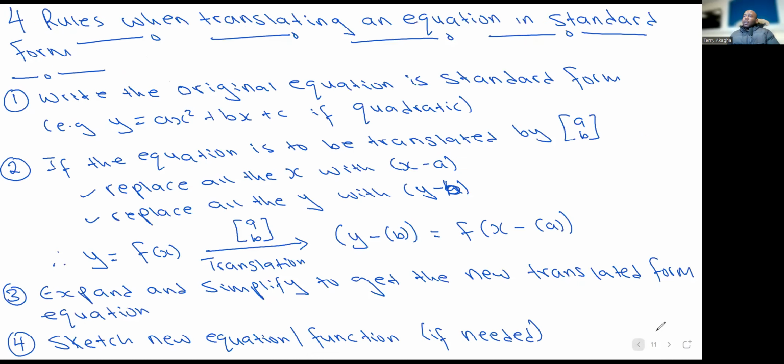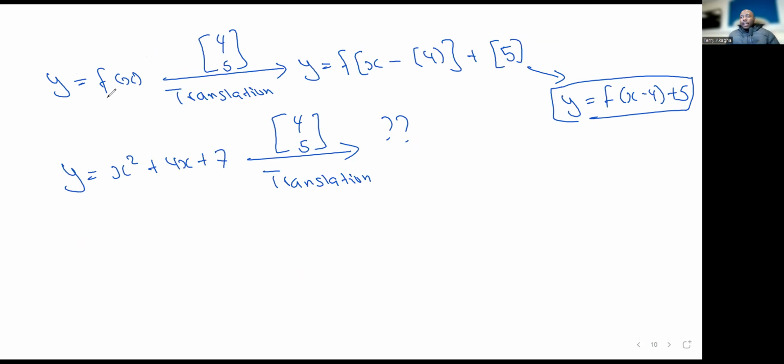So we're told to translate y is equal to x squared plus 8 by 2 and what? 3. Now you can see in this example, we're translating an equation. That means we're not just given the general form like this.